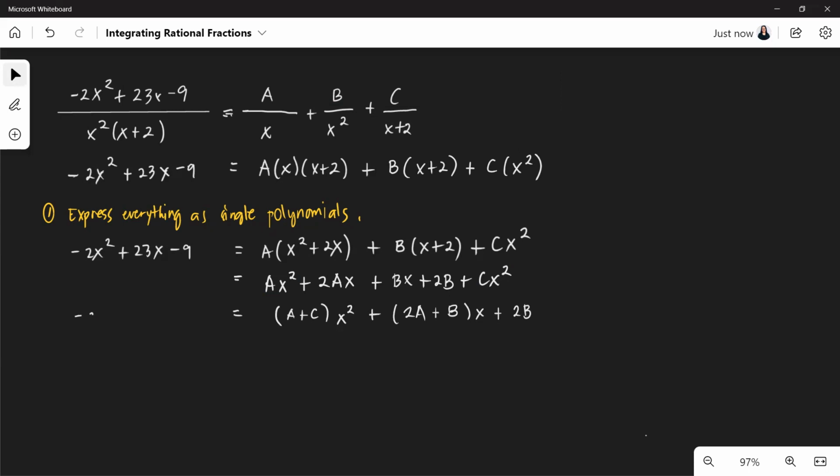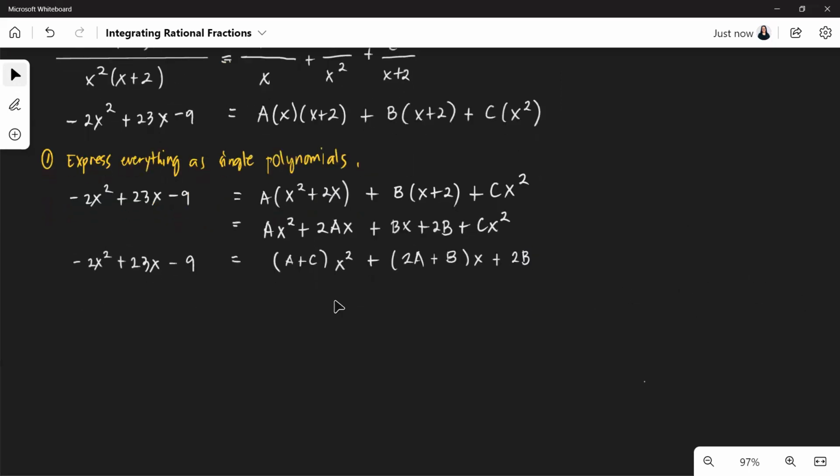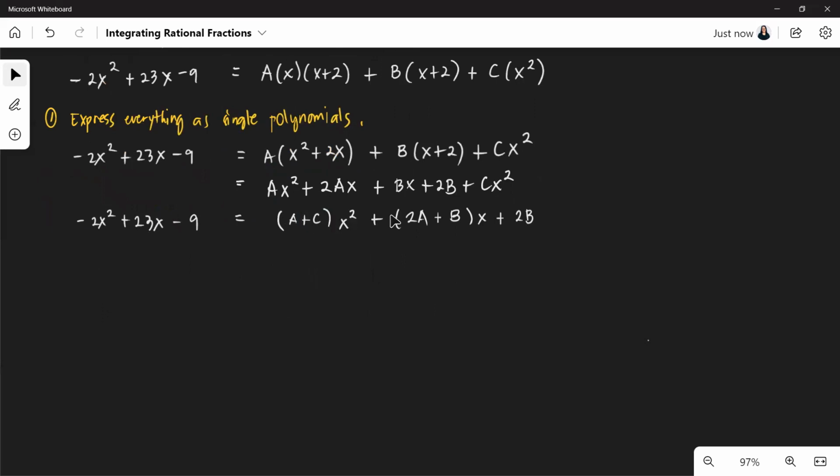So let's write again the left side of the equation. So the right side now is expressed as a single polynomial, also the left side.